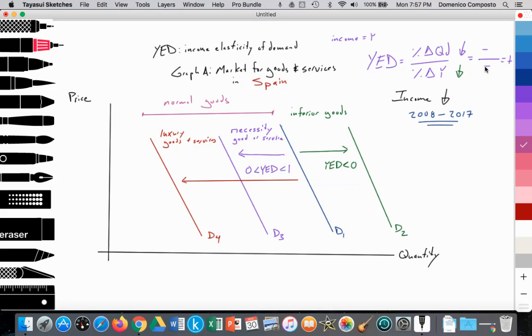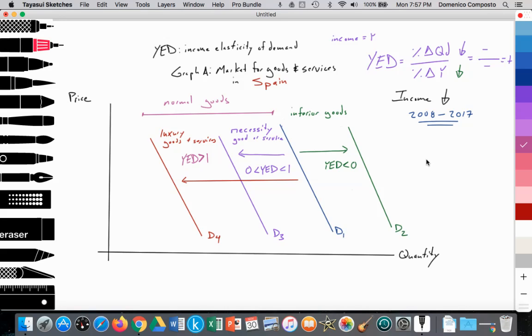Negative divided by negative gives us a positive number, so we're going to get a value that is greater than 0, a positive figure. And I forgot to mention that YED for luxury goods is greater than 1.